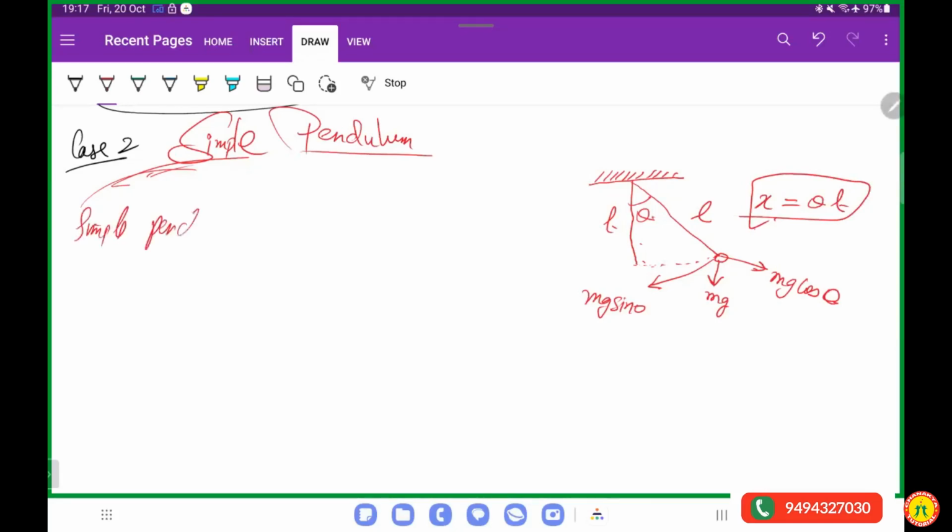So this is your simple pendulum, which has one point mass, which is suspended by a weightless string or cord. We are considering this one as weightless, we will not consider the weight of that string.